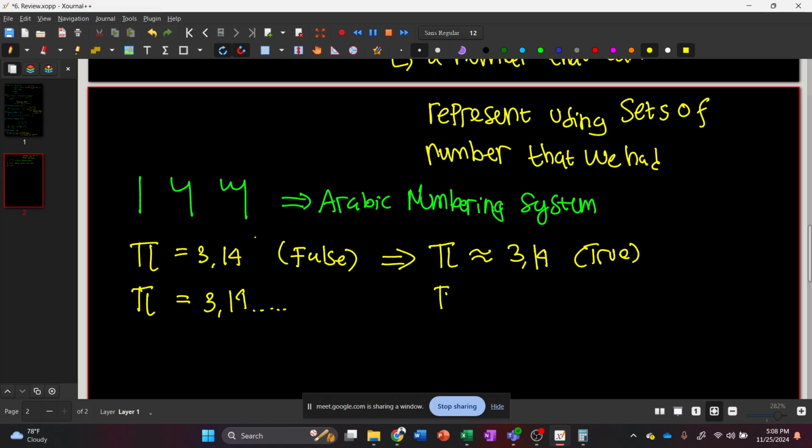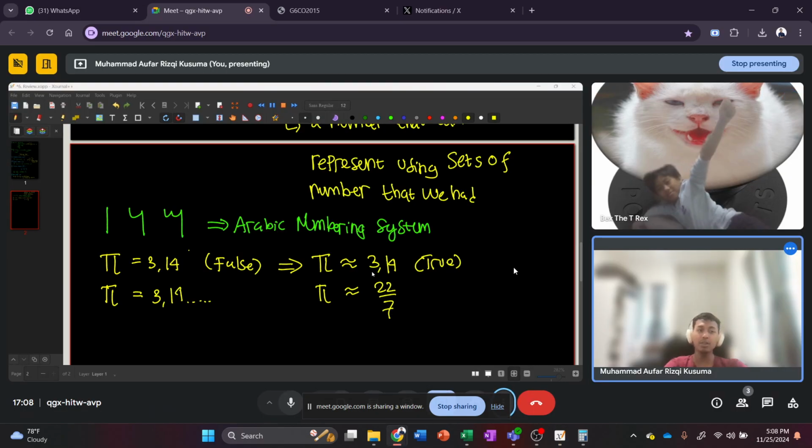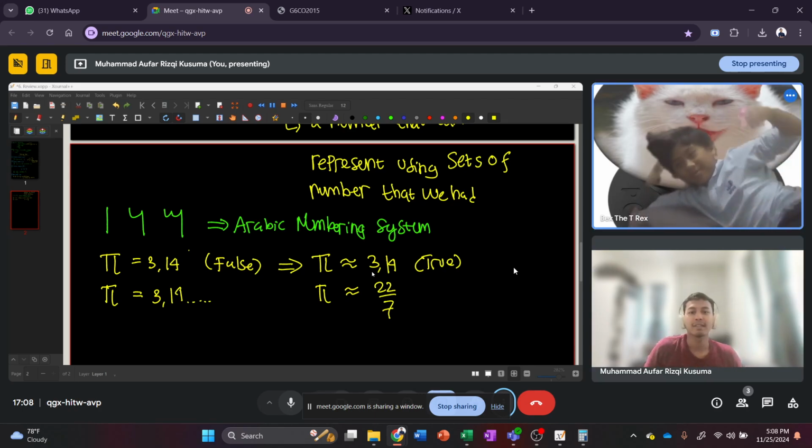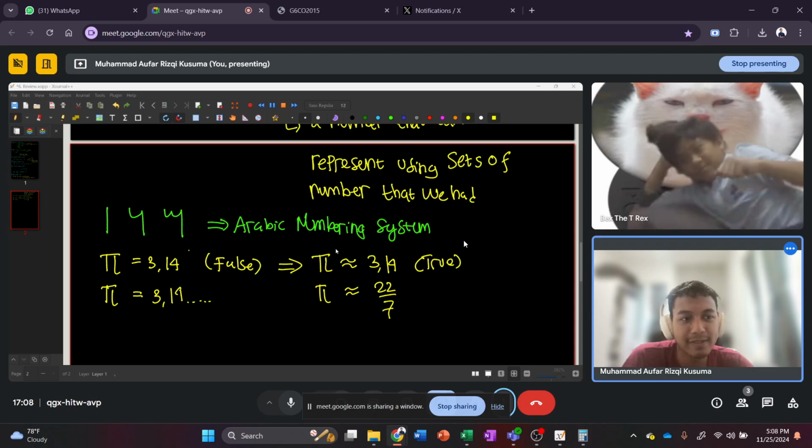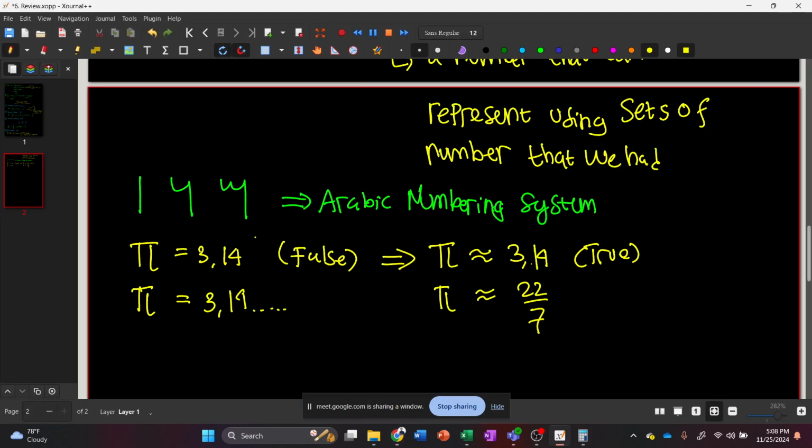Or maybe you can call it 22 over 7. Ever heard about that approximation? 22 over 7? Yeah, this is the approximation. This is not the exact value.